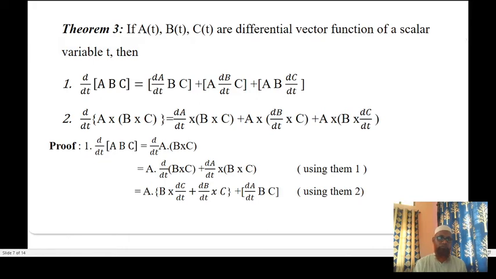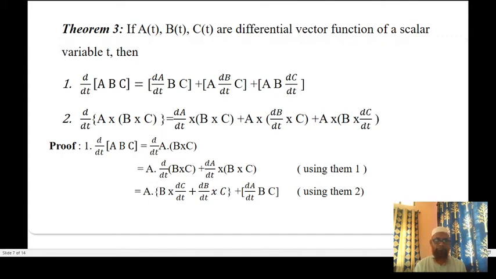Proof 1: d by dt of a b c, the scalar triple product. We know that the scalar triple product a b c equals a dot b cross c. So d by dt of a dot b cross c, by using theorem 1, is a dot d by dt of b cross c plus da by dt dot b cross c.